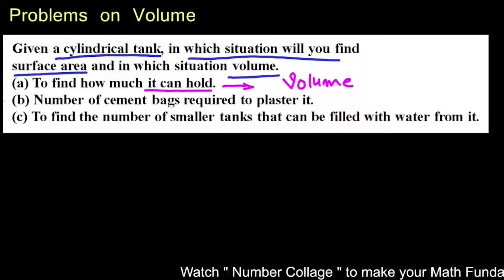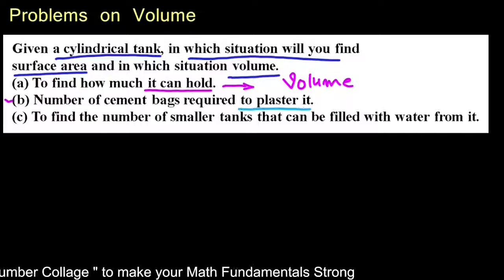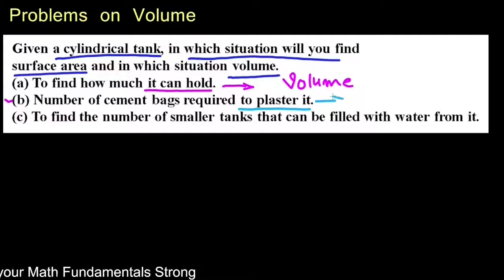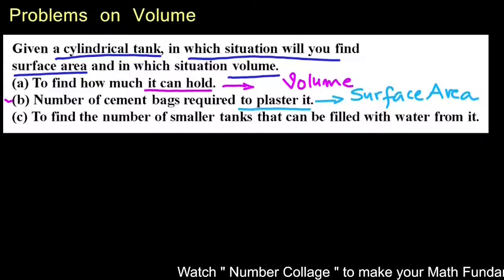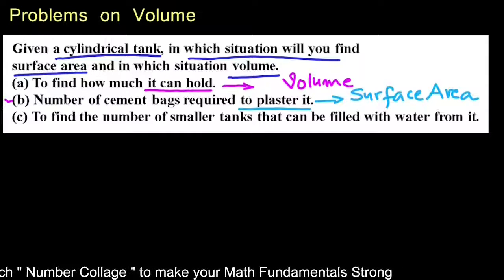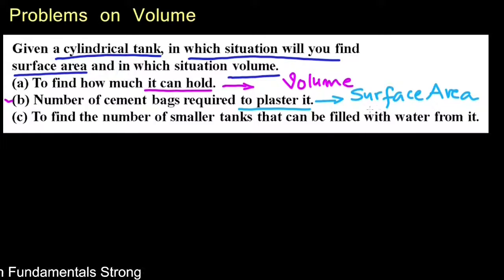The second question is number of cement bags required to plaster it. Now the word "to plaster it" suggests that here we have to find the surface area, because after plastering is done, the cement in the cement bags is going to spread along the surface of the walls. Therefore, we have to consider the surface area in this case.